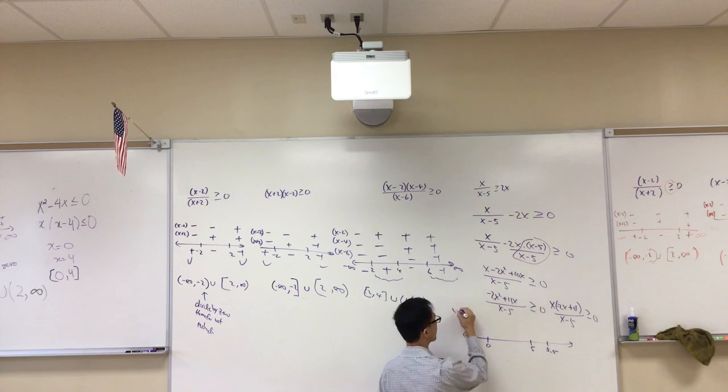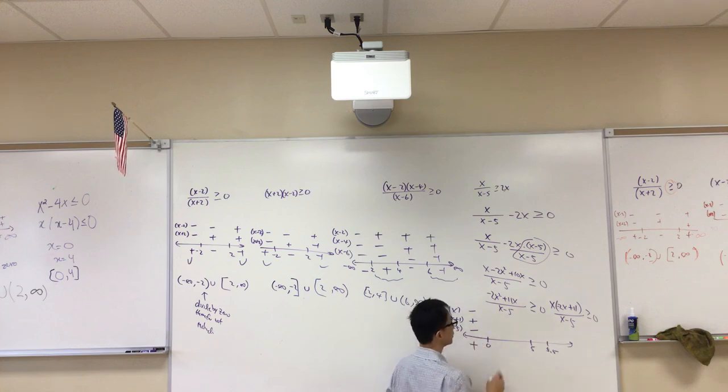And I'll test x. Negative 2x plus 1, and then x minus 5. If I plug in negative 1, it gives negative, negative, which is positive. If I plug in 1, it gives positive, and a negative still.